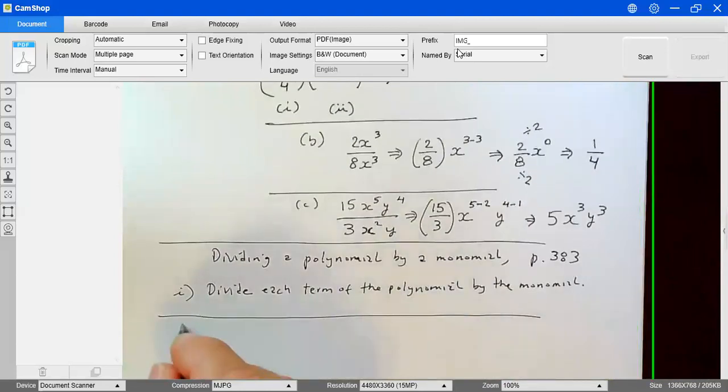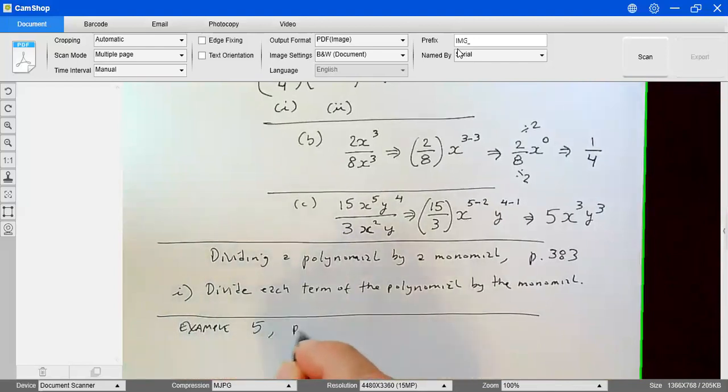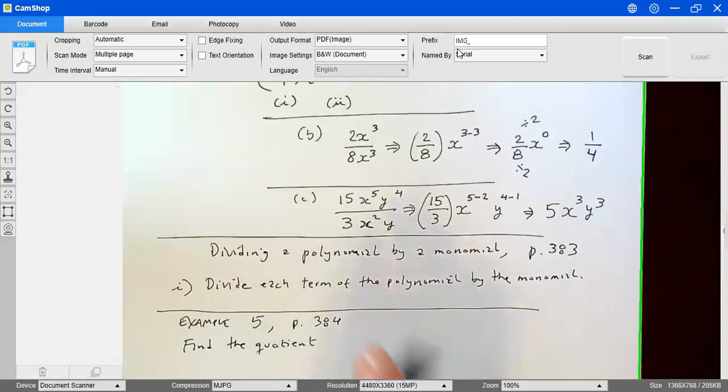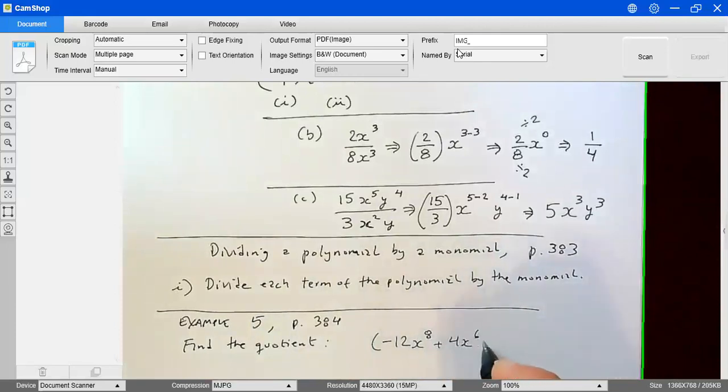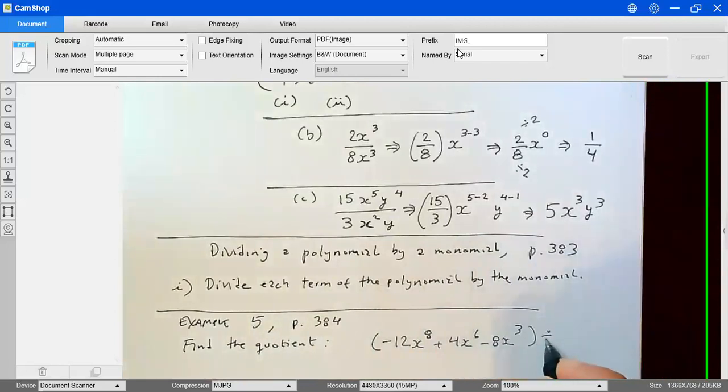I'm going to work on example 5, on page 384. We're going to find the quotient. We have negative 12x to the 8th plus 4x to the 6th minus 8x cubed, and we're going to divide this by 4x squared.